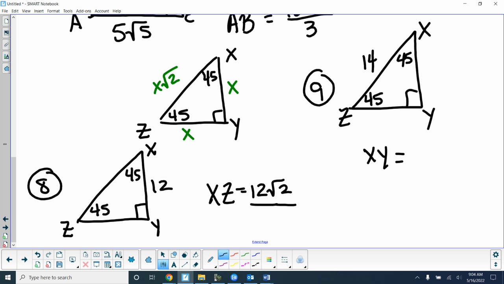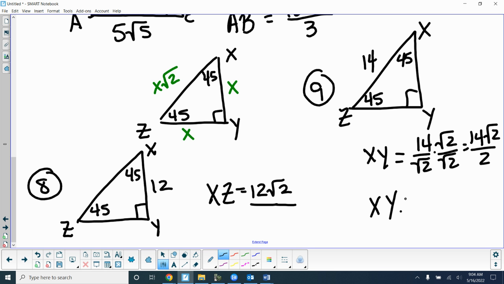Divide by radical 2. And then rationalize. But what goes into 14 and 2? 2, right. So it makes it 7 radical 2, right? 2 goes into 14 7 times. So here's our answer.